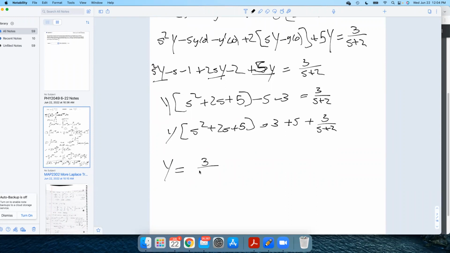So I'm going to have 3 plus S over S squared plus 2S plus 5 plus, my S's and 5s look a little too much alike here.